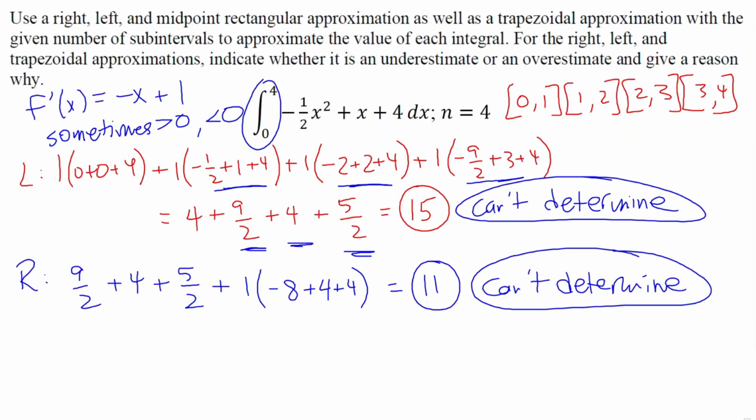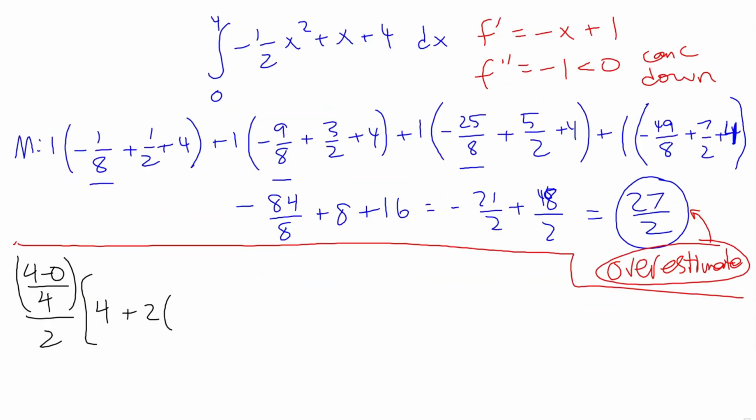When we plugged in 1 to that, we got 9 halves. So 2 times 9 halves. And then when we plugged in 2 to that previously, we ended up with 4. So this is 2 times 4.